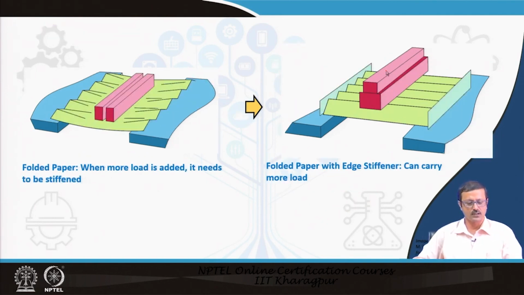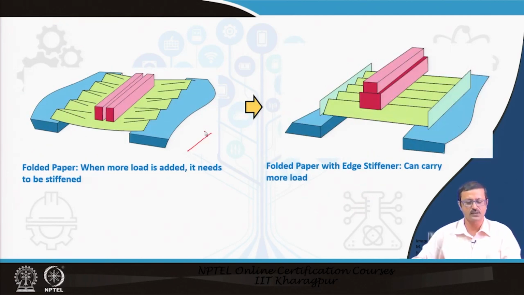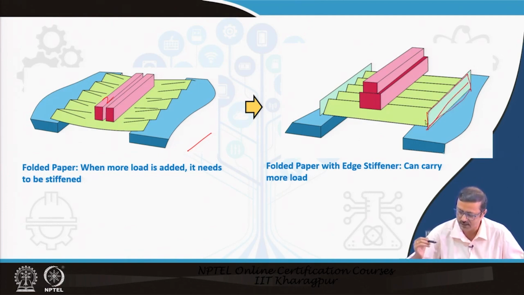And if you compare the last figure and this figure, if you increase the load, instead of the one there are two such bars, the whole system can fail because of the additional load. But if you add a transverse direction stiffener, this is called the edge stiffener, to the folded paper, it will again give you more rigidity.